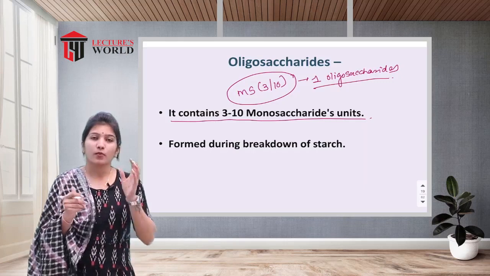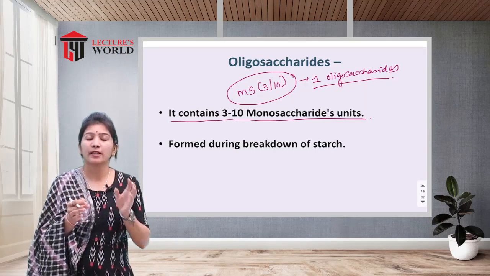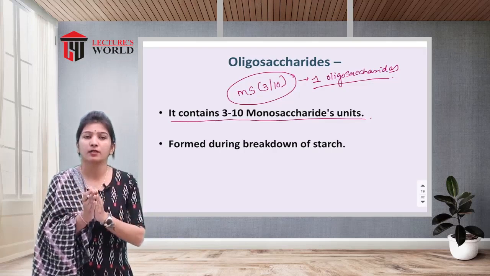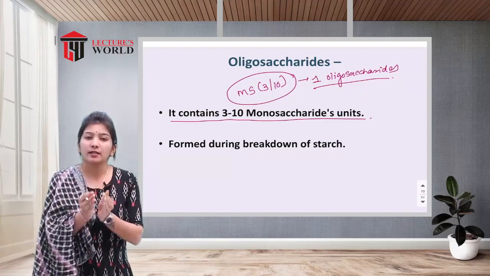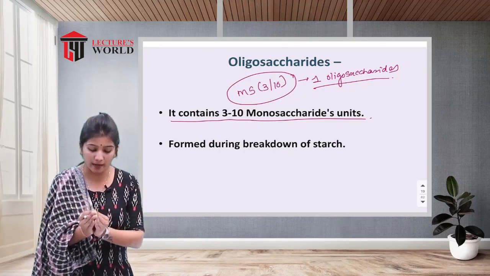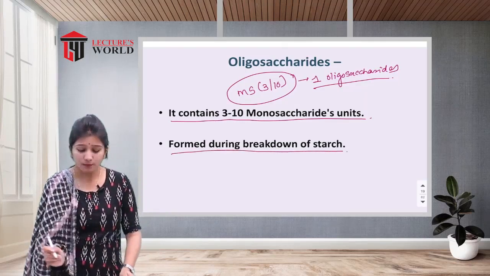So whenever small units of monosaccharides, like 3 to 10 units, come together, they are clustered together and make one unit, and that is known as an oligosaccharide, formed during the breakdown of starch.